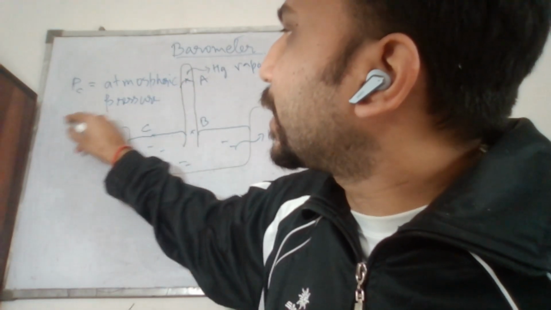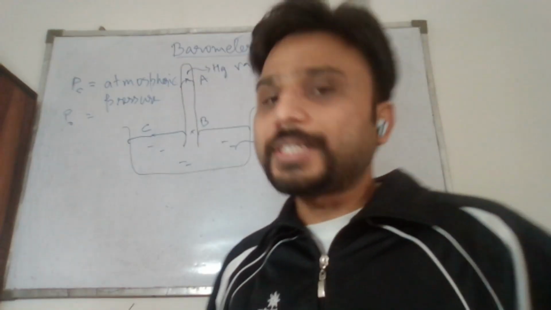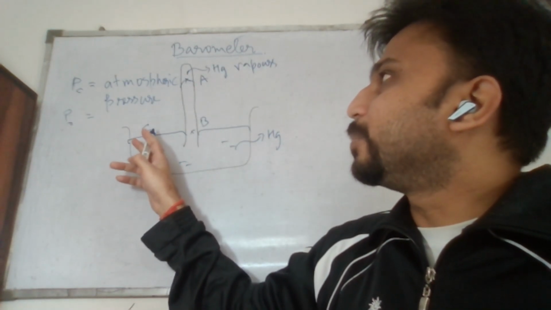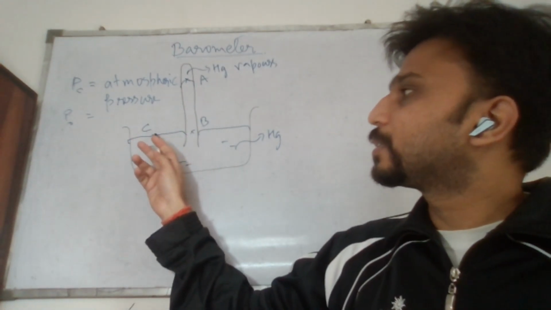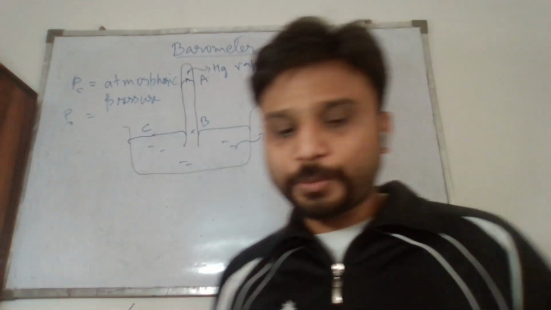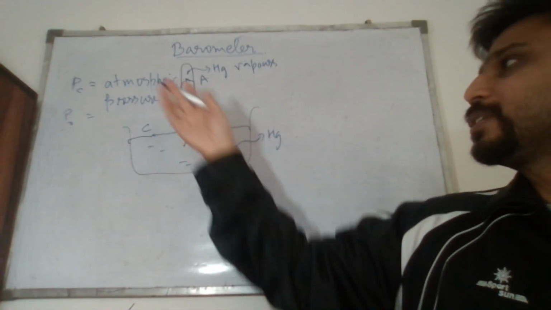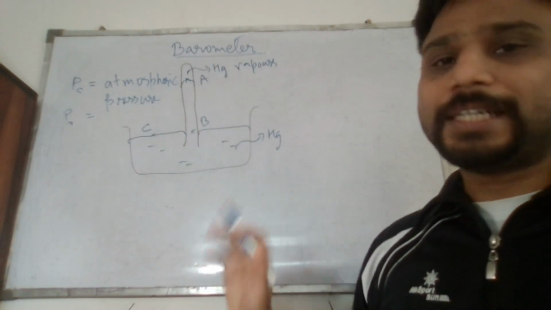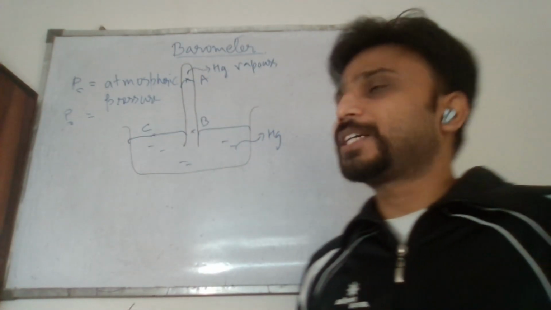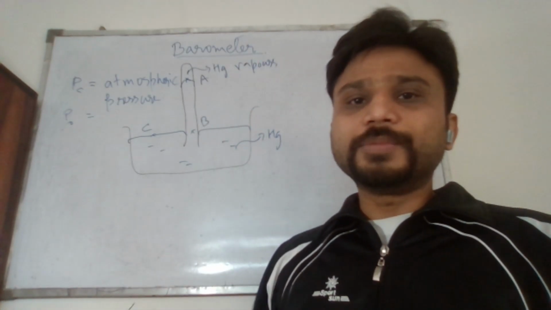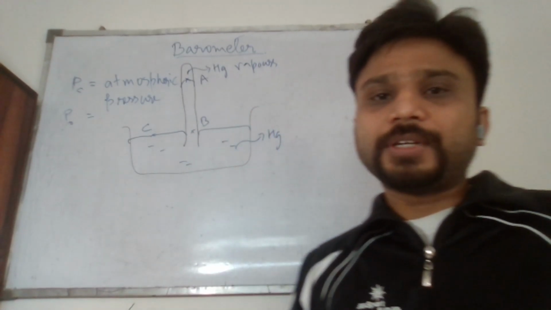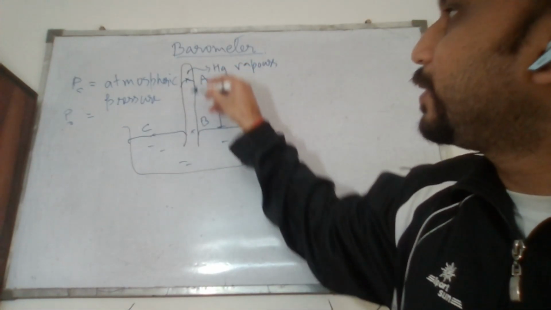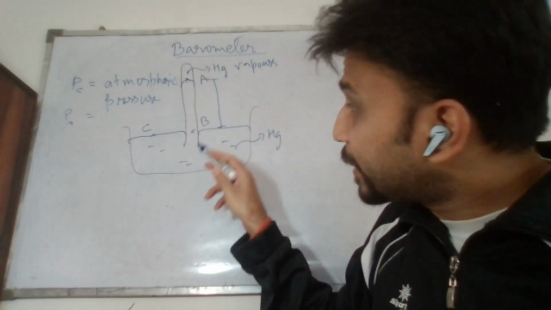Atmospheric pressure, as we have learned already, is represented by P naught. Since C is open to atmosphere, the pressure at C is atmospheric pressure. There is a lot of air surrounding this whole setup, and it is exerting a pressure at C. Our objective is to evaluate the height to which mercury will rise inside this tube, that is h.